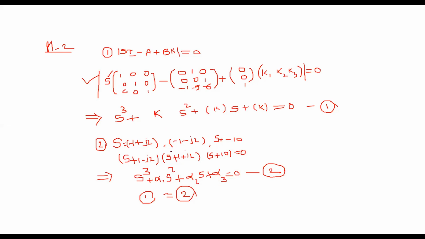When I equate equations 1 and 2, I will get the values of K: K1, K2, and K3. This is the final value which we need to find to design the state feedback controller. See how very easy it is, just 2 steps.